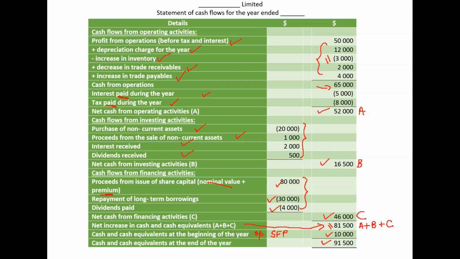You may also cross-verify this figure of 91,500 with your closing SFP if it is given to you. Your closing SFP will have cash and cash equivalents at 91,500 and then you know that your answer is correct.